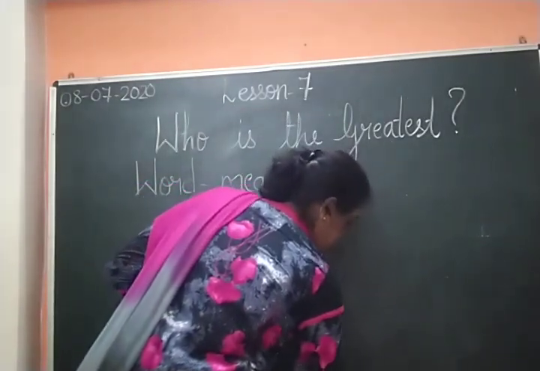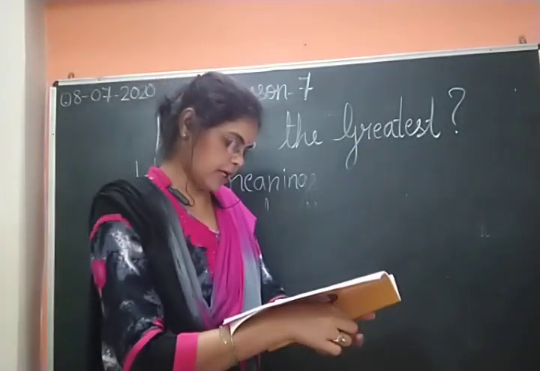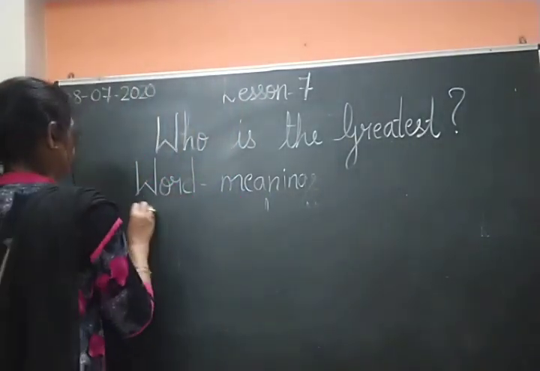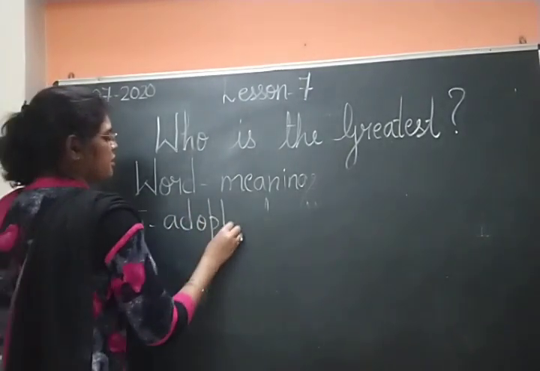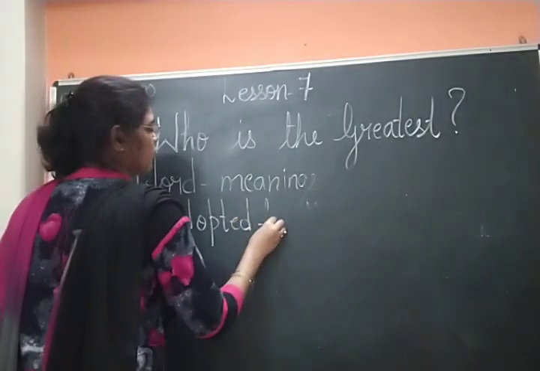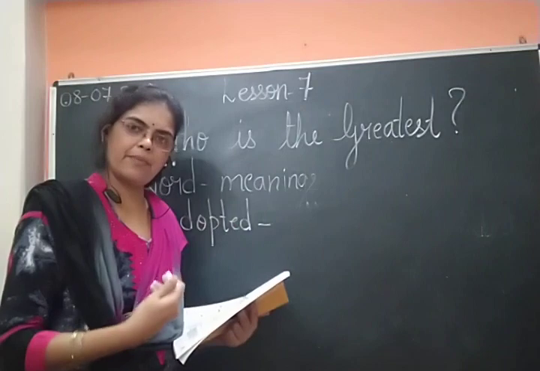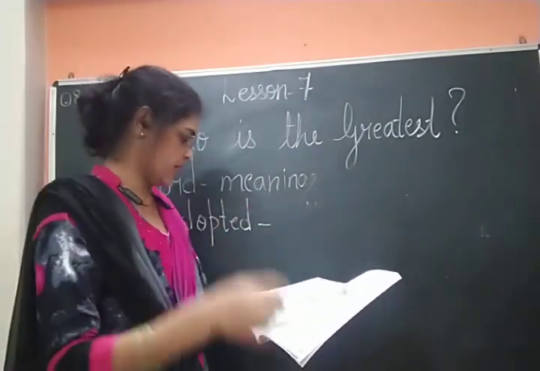Okay, look, adopted means to bring up another person's child as one's own. At times, what happens? Certain people adopt somebody else's child and raise them, giving their name as the parents of the child.